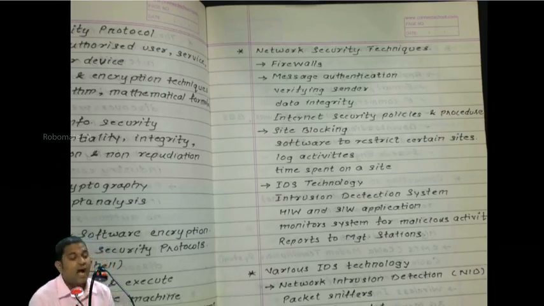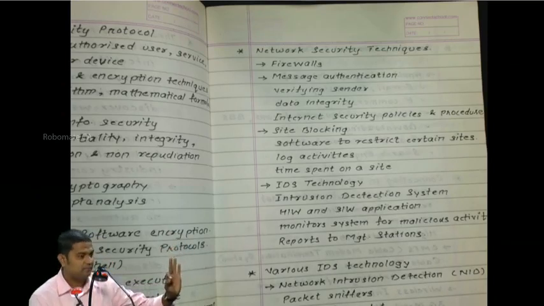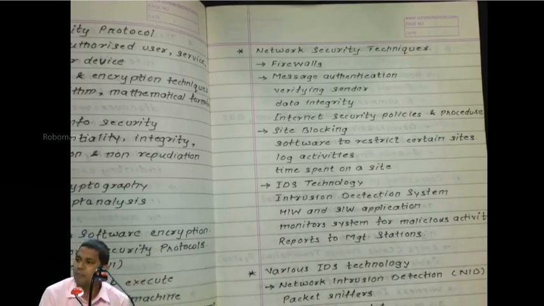Next is called IDS technology. IDS technology is intrusion detection system. What is intrusion? Intrusion means an illegal person entering inside our premises, or a person entering illegally inside our premises. We need to detect this.